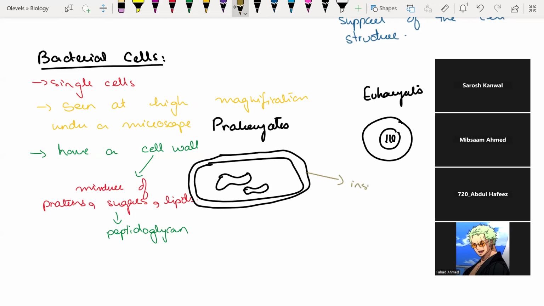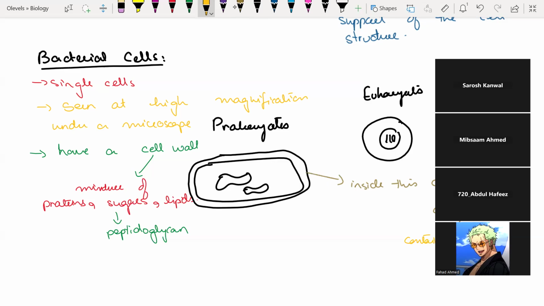So inside this cell wall, you have a cytoplasm. Now that cytoplasm will contain small granules. Granules are small particles.